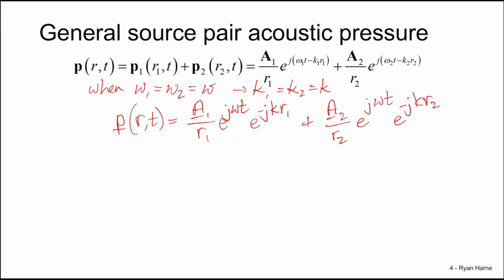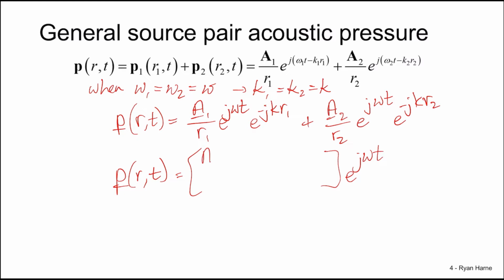Summing this up, we have that the total acoustic pressure, P as a function of R and T, is equal to a bracketed term and a common e to the j omega t outside of that. The bracketed terms contribute the amplitude differences and the phase differences for these coherent sources.